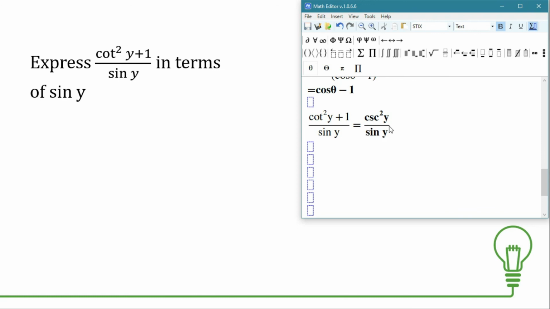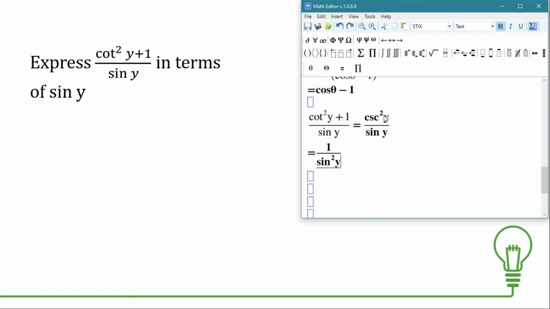Okay, so ang gagawin natin is for us to simplify this by making the cosecant squared y, since alam natin si cosecant is the reciprocal of sine, so pwede natin siyang gawin 1 over the sine squared y, using our identity.